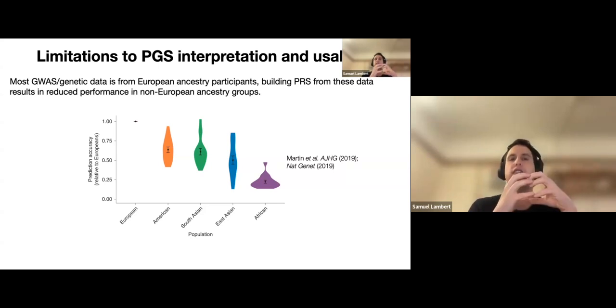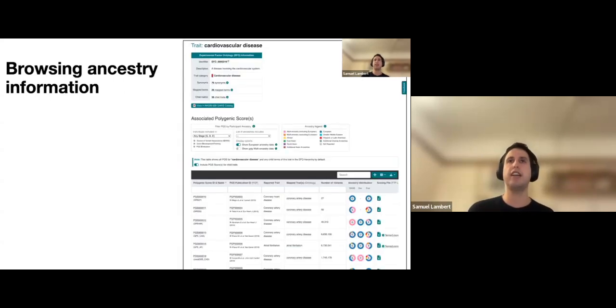And it's important to note this and to maybe seek scores that have included data from the ancestry group that you wish to apply the score to, so that you can find a score that's more applicable to the population in which you wish to predict genetic predisposition. So we provide some tools to do this on our website. You can browse the ancestry information. We provide a visual summary of the ancestry makeup of the GWAS samples, as well as the evaluation samples.